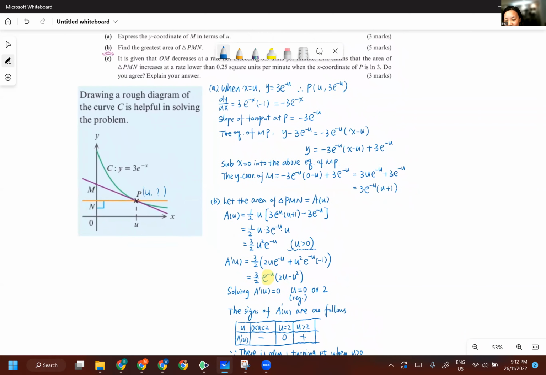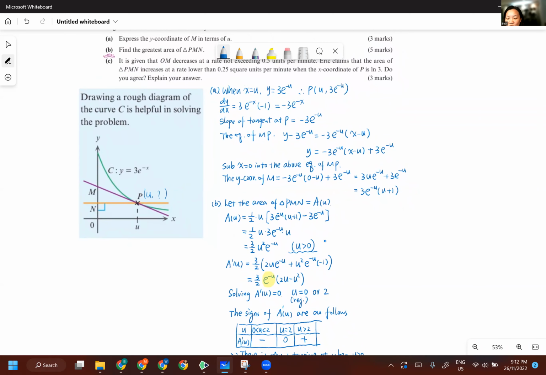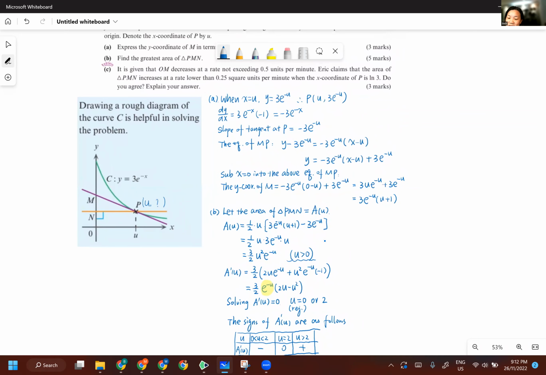Last one. If it is given that OM is decreasing at a rate not exceeding 0.5 units per minute. OM is decreasing. It's a rate.